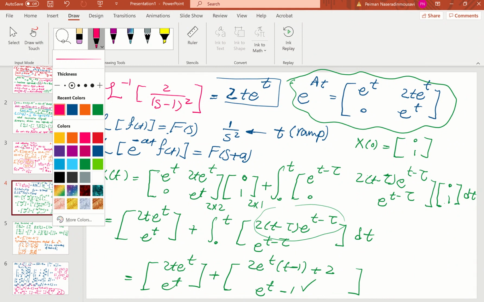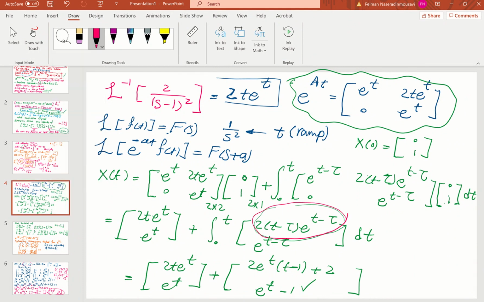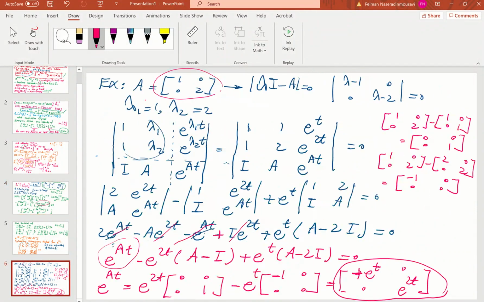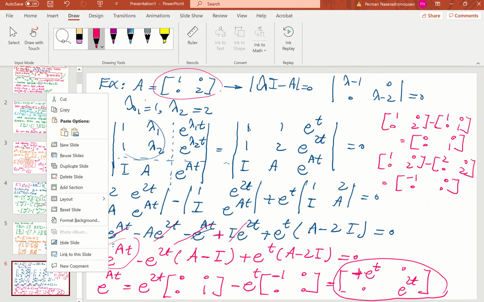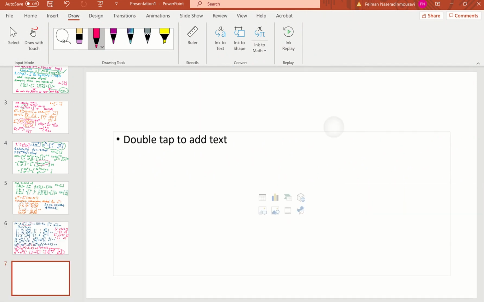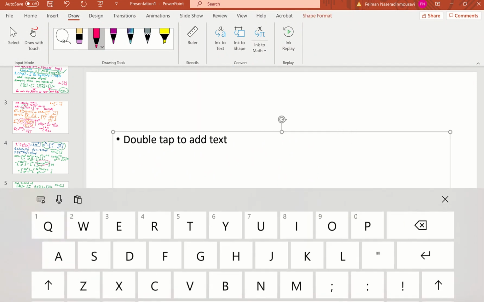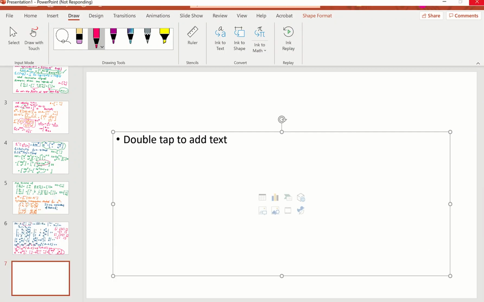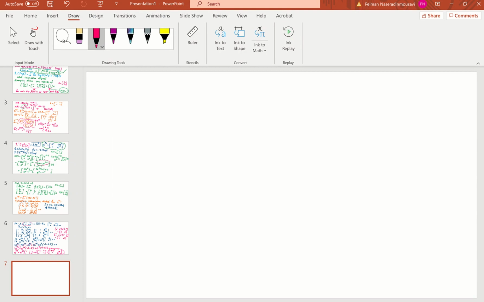Okay, so first we have to calculate this integration. Okay, how to do that? Look at here, guys. I want to do it by you. The first row is going to be the integration from 0 to t of (2t minus tau) e^(t minus tau) d tau.